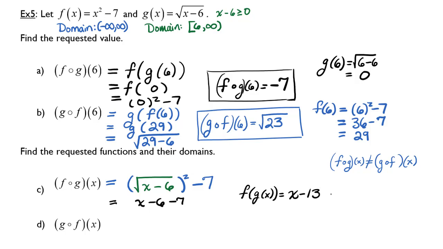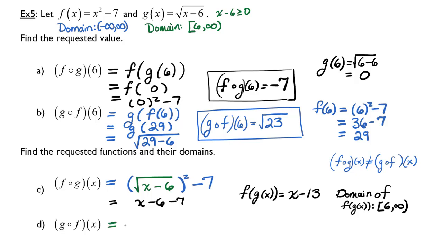Since there were no restrictions on f of x, but there were restrictions on g of x, we know that the domain of the composition will be the smallest intersection or overlap between the domains, which is from 6 to infinity.